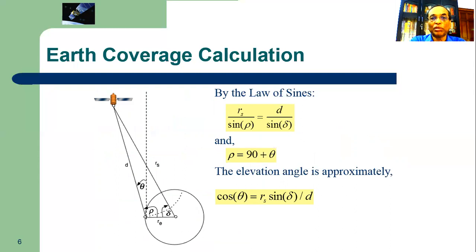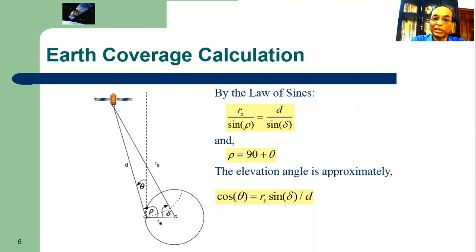Earth coverage calculation. In the figure it is visible, the satellite is at the top and the circle is representing the Earth's surface. So by the law of sines, one can calculate Rs by sine rho is equal to d by sine delta, and rho is equal to 90 plus theta.